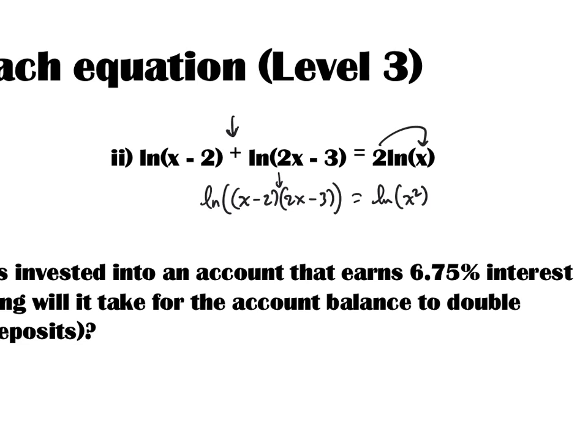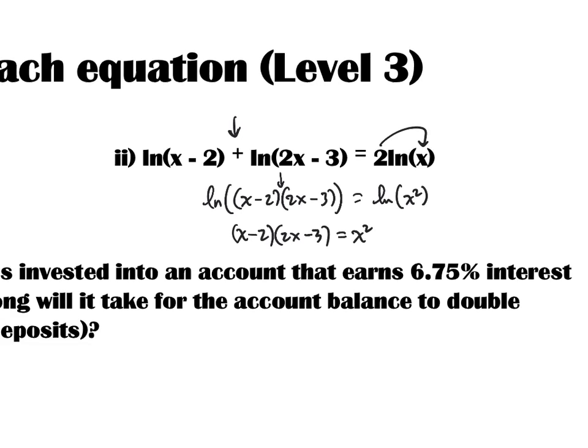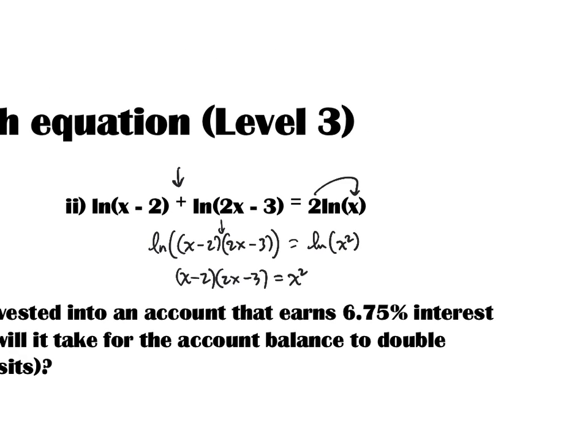Now notice that I've got a natural log on both sides, fully condensed. That means that I can set the two sides equal. Those arguments now have to be equal to make this equation true. Now let's expand that left side. That'll be 2x squared minus 3x minus 4x plus 6, which is 2x squared minus 7x plus 6. And that's all equal to x squared on the right side.